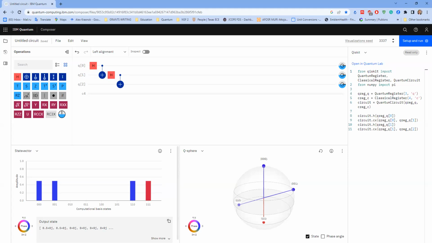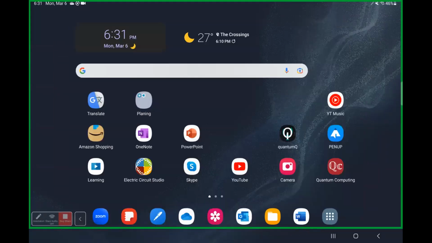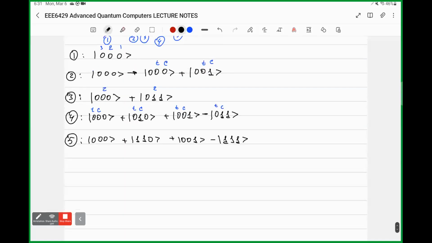Let's compare this result with the analytical calculation. Okay, looks good up to the swap of these two terms, which doesn't affect the result, of course.